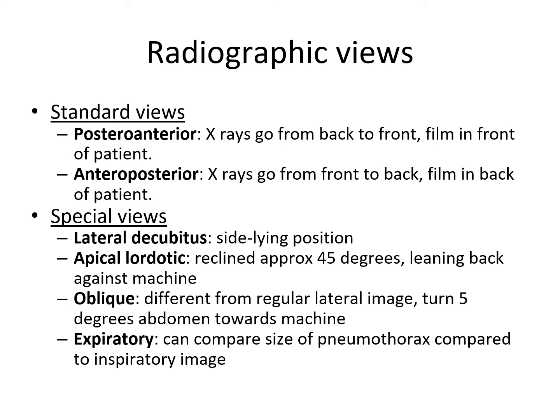An oblique is different from the regular lateral image, where you turn the abdomen approximately 45 degrees toward the machine, so it's like a lateral but at a slightly different angle. And then an expiratory view is one they'll use to detect a small pneumothorax, and they can compare the expiratory view to the inspiratory view to see if there is indeed a pneumothorax.